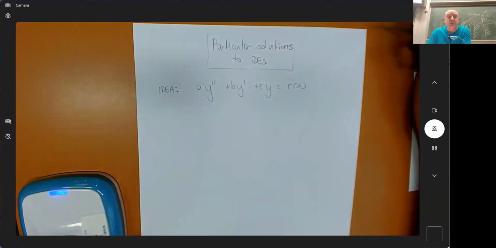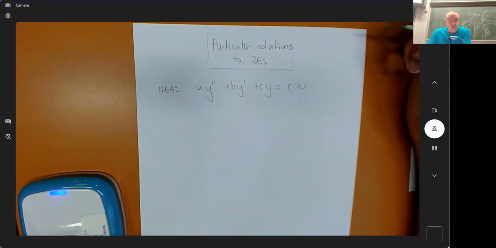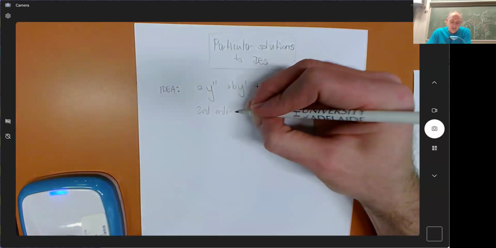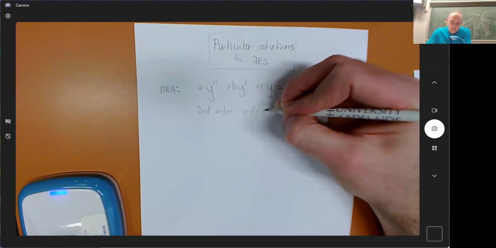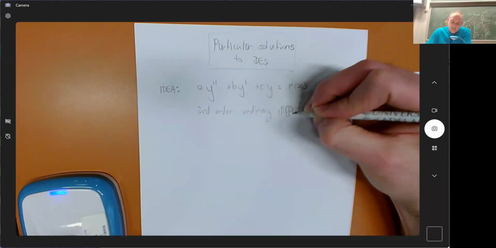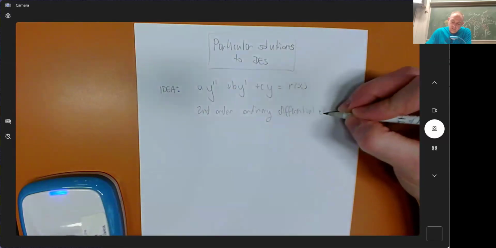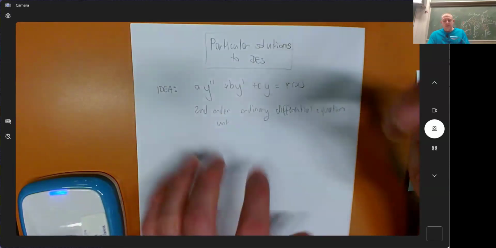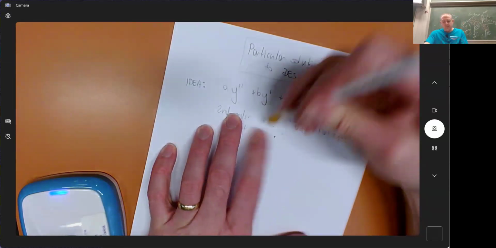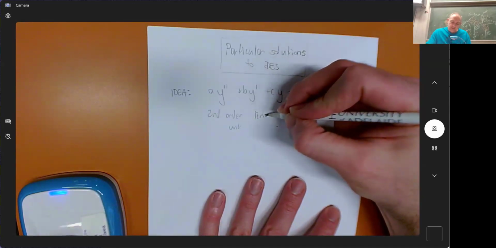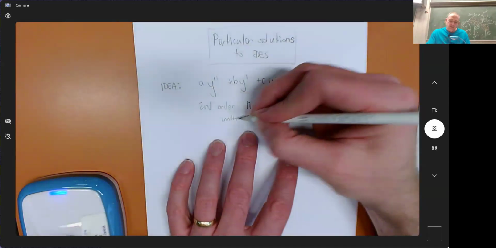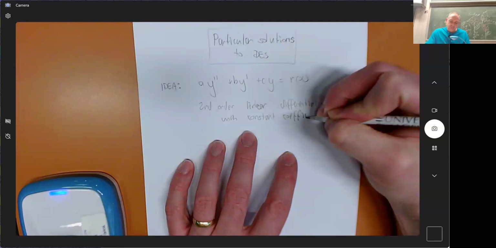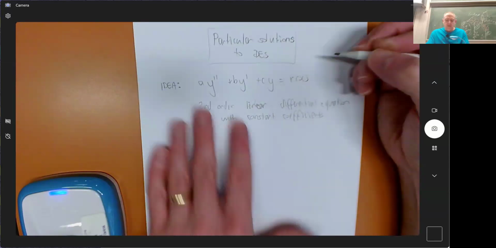This is a classic second order linear ordinary differential equation with constant coefficients. That's the kind that it is.